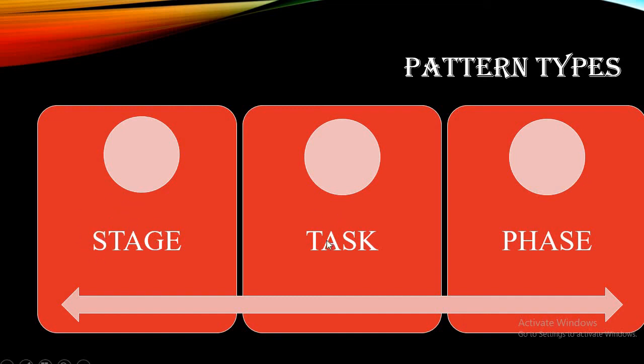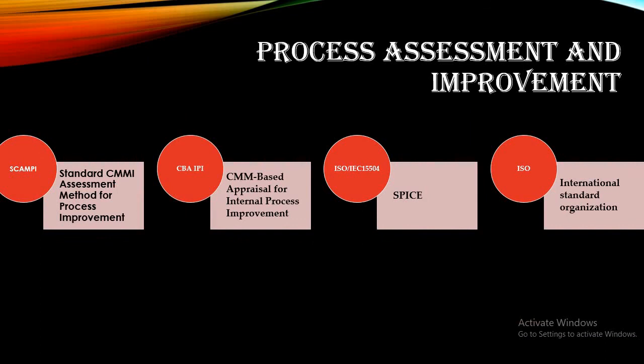The task pattern will define a problem associated with a software engineering action or a work task which is relevant to a successful software engineering practice. And the final one, phase pattern, will define the sequence of framework activities that occur within the process, even when the overall flow of activities is iterative in nature. This is how these pattern types help us when we are developing software.